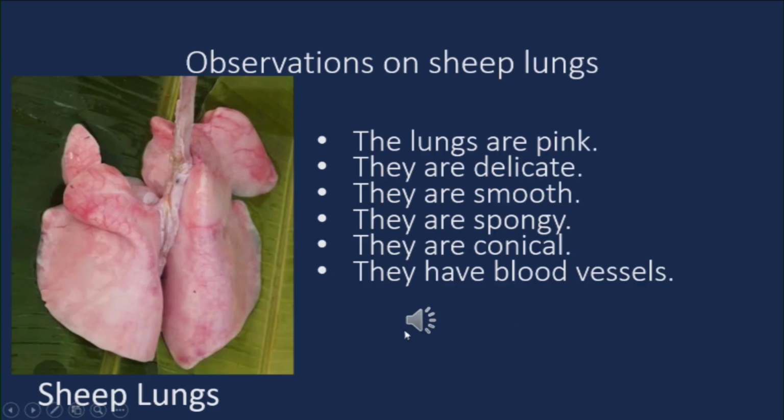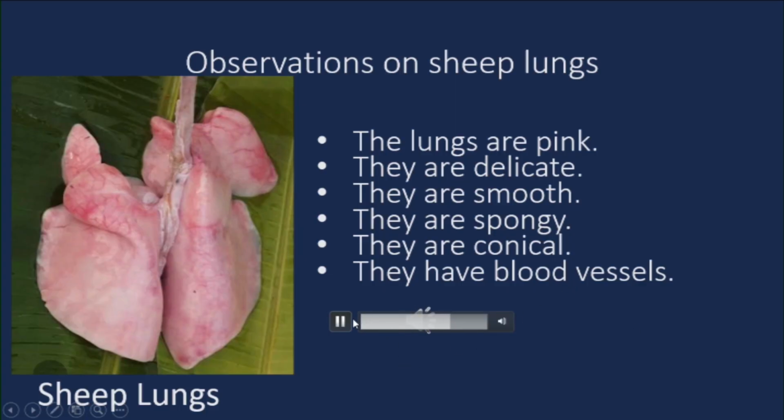Now children, one inhalation and one exhalation is called breathing. Now we are going to observe the lungs of a sheep. Hasita went to a butcher's shop and she observed the lungs of a sheep, and let us watch what are her observations. I went to a meat shop.